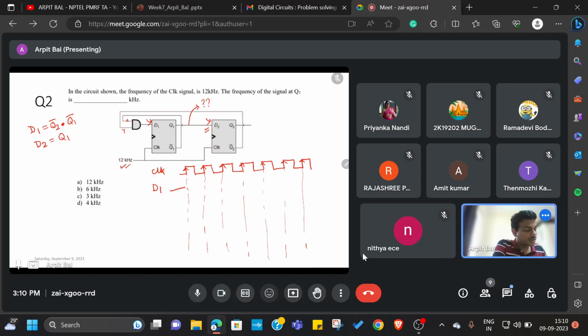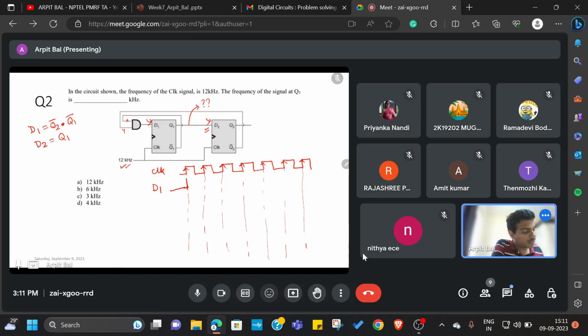In the initial state, when D1 is already 0, what are Q1 bar and Q2 bar? Q1 and Q2 will also be 0, since I am assuming everything is at reset. So Q1 bar and Q2 bar are 1, 1, so D1 will also be 1 at the arrival of the first clock edge.